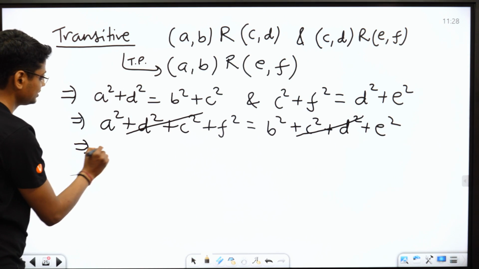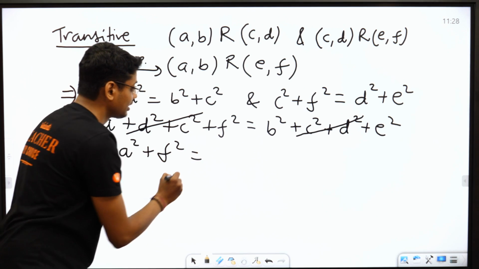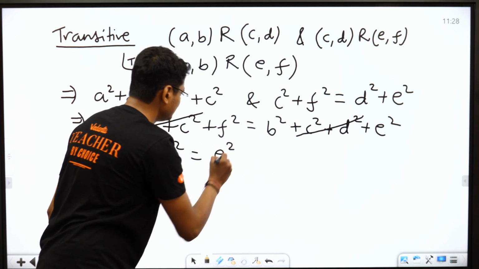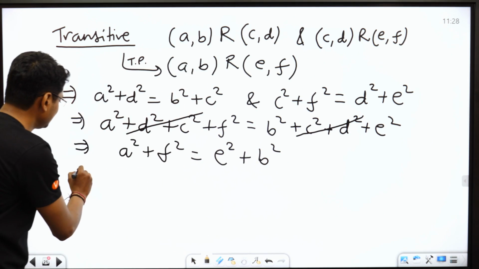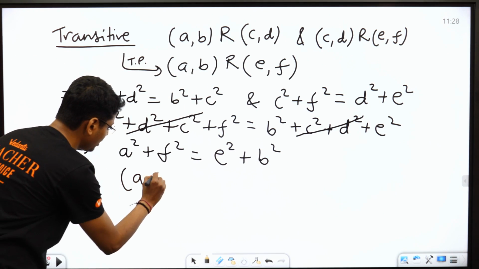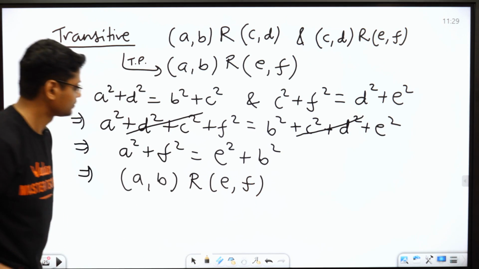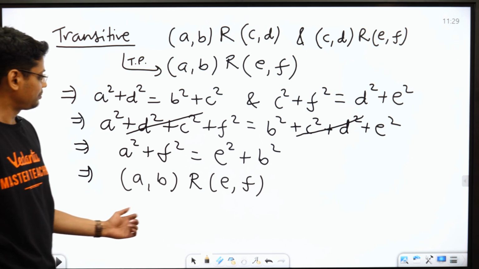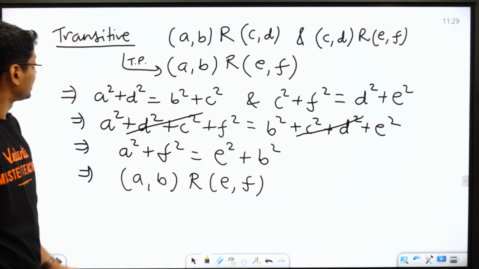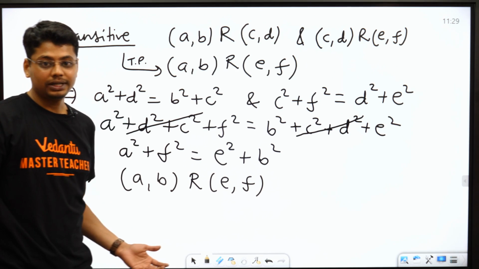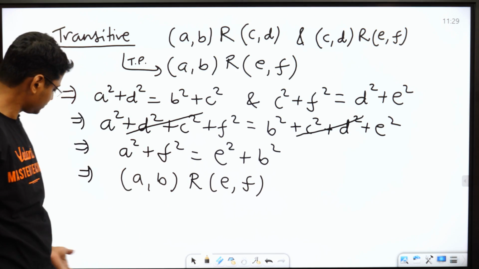So basically this is a² + f² equal to e² + b². So I can say (a, b) is related to (e, f). So hence proved. So hence the relation is an equivalence relation.